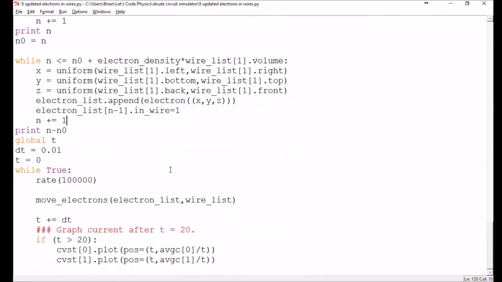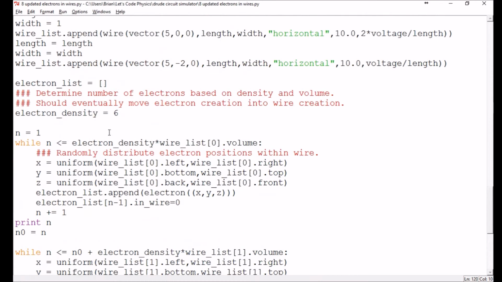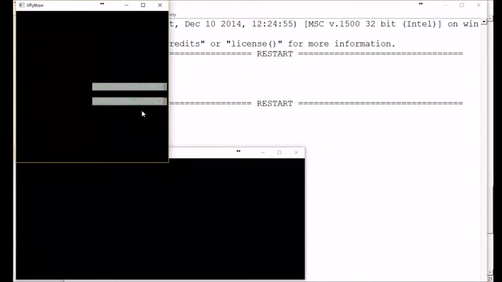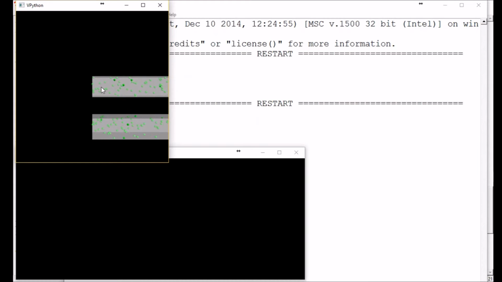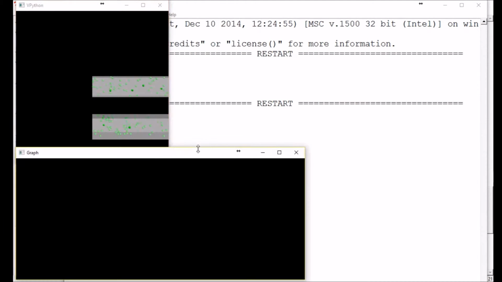I'm wondering if I increase the electron density, if that would help matters. Let's up that to say 15. I mean, it's an arbitrary number anyway, but with a greater density, it's more fluid. Basically, you're making a better fluid approximation, so you're getting more electrons passing through per unit time.